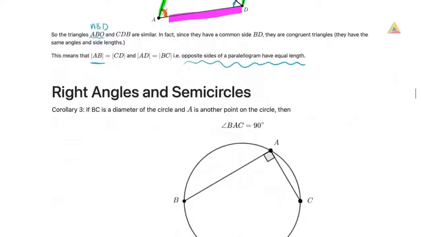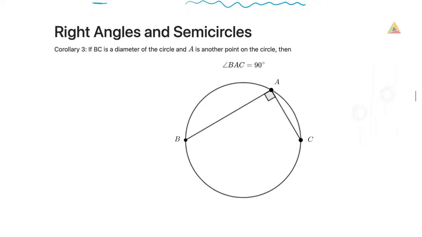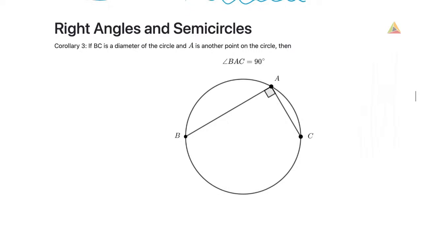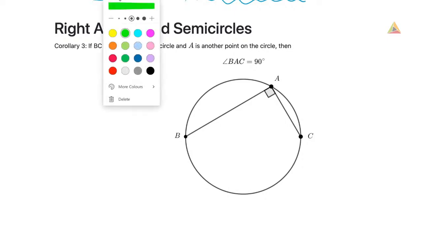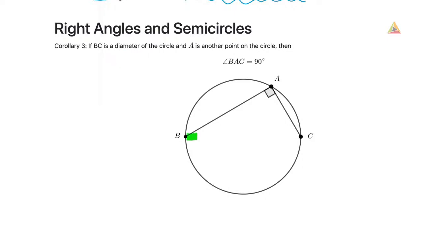Okay, we're on to right angles and semicircles, and the first corollary, corollary 3. A corollary is a rule that's already been proved. What it says there is if BC is a diameter of the circle, and I'm just going to show you the diameter here, so if I drew a line connecting B and C, that's the diameter of the circle.